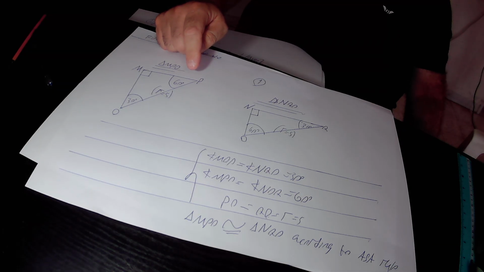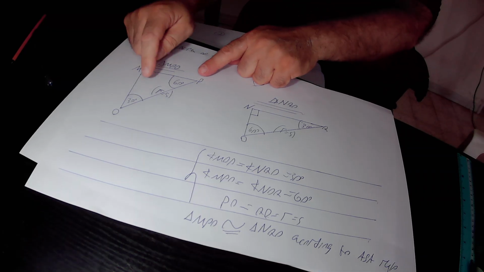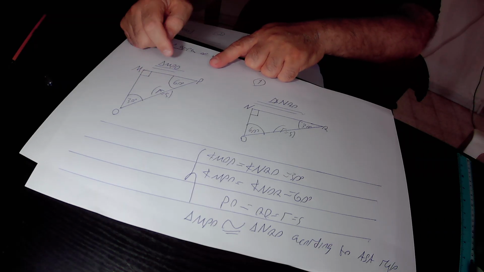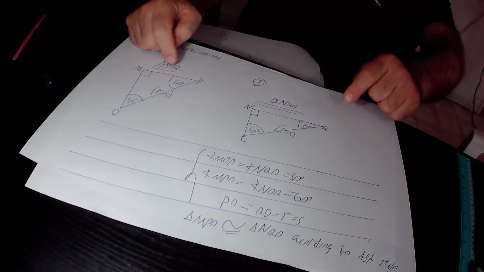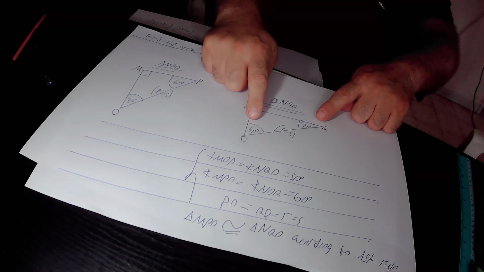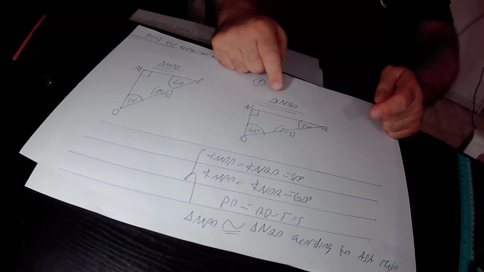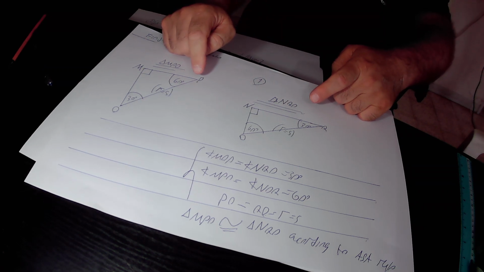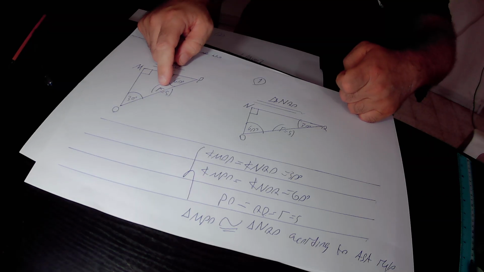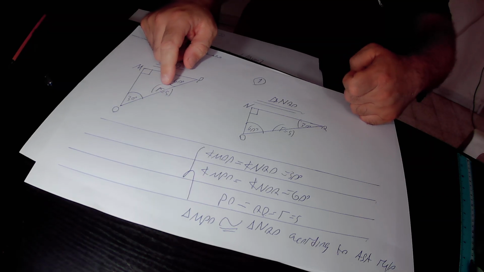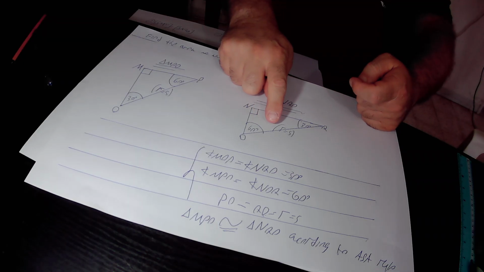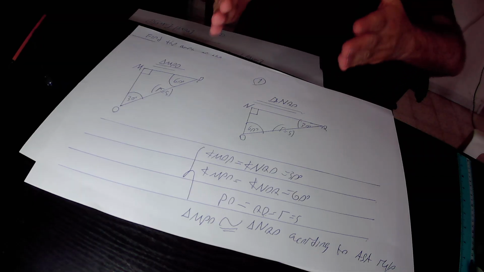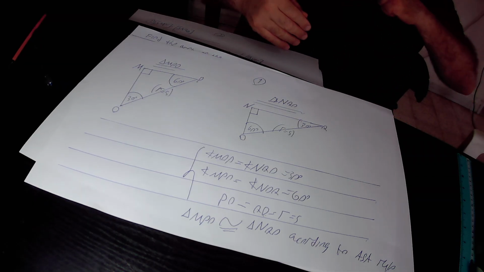So we have two angles and the side included between those two angles, that is side OP in the right triangle MPO, correspondingly equal to two angles and the side included between those two angles, that is side OQ in the right triangle NQO. Therefore, those two right triangles can go into each other according to the angle-side-angle rule.